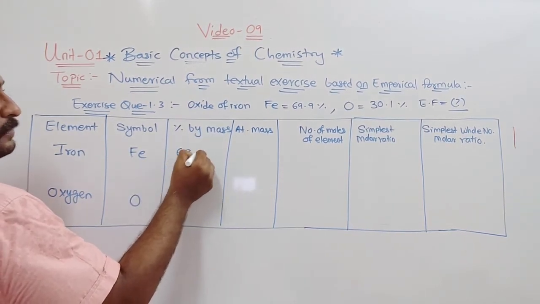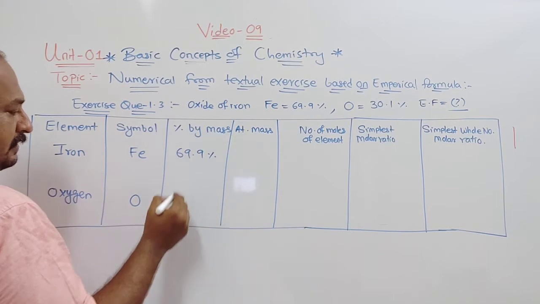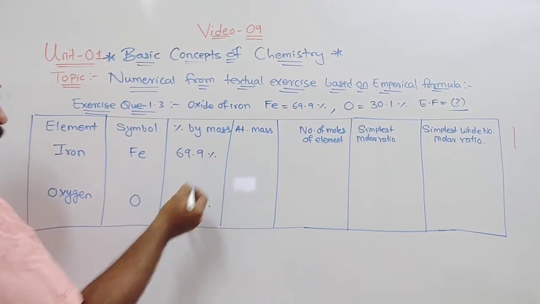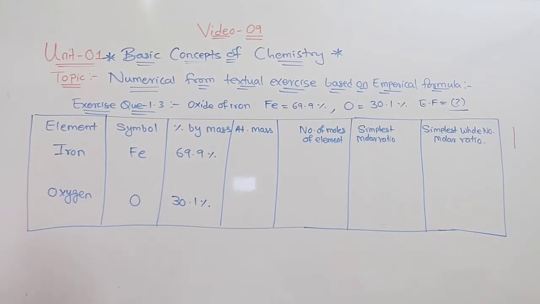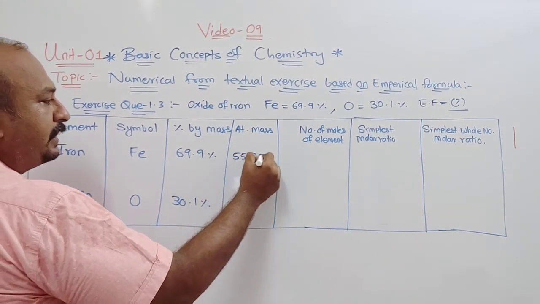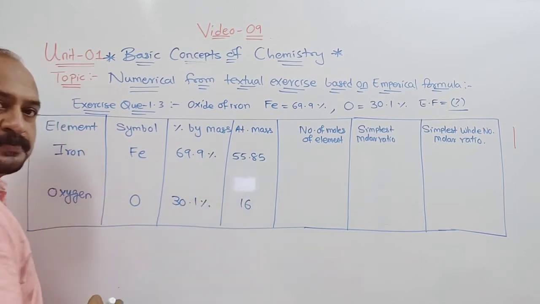Iron is given as 69.9% and oxygen 30.1%. The atomic mass of Fe is 55.85, and that of oxygen is 16.